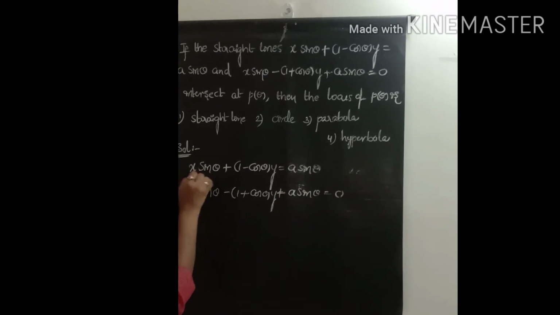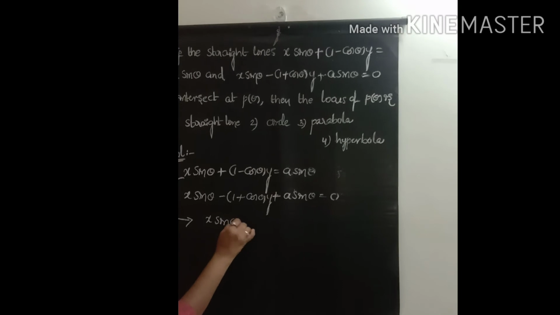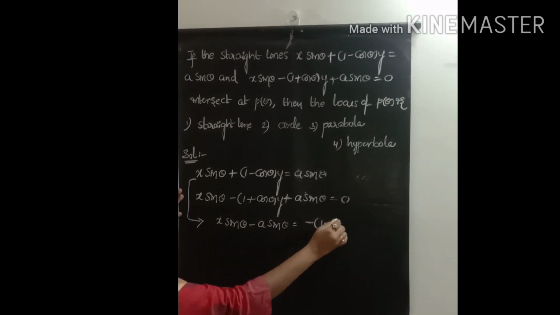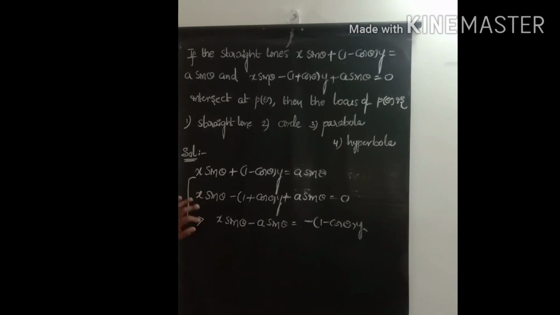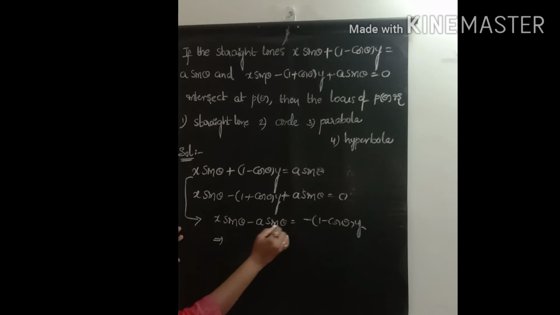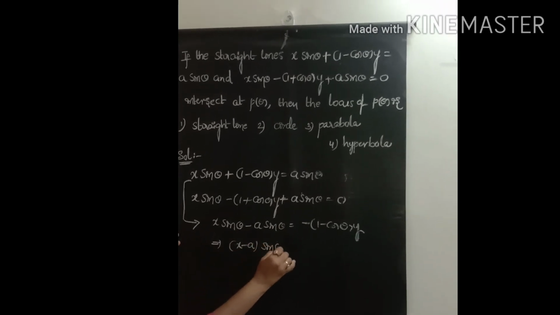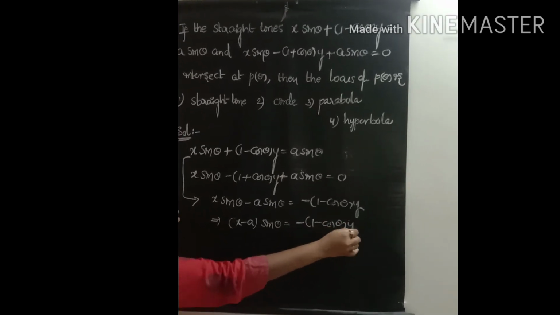Now first we take the first equation as x sin θ − a sin θ = −(1 − cos θ) y. We are converting the first equation like that, which implies, taking sin θ common from these two terms, (x − a) sin θ = −(1 − cos θ) y. This is the first equation.